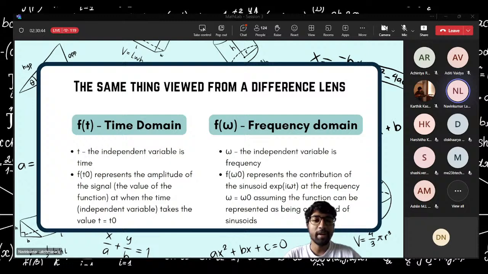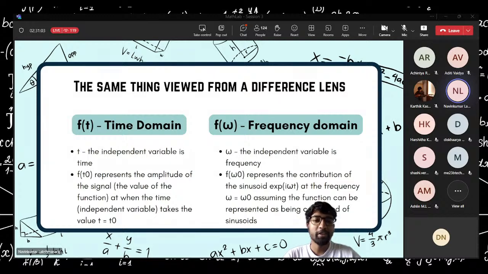You can think of the same function as being composed of infinitely many sinusoids interfering with each other, sort of like when you go to the beach and you see a lot of waves flashing to the shore. There would be some waves which win over others. They would be interfering with each other, somewhat constructively, somewhat destructively.